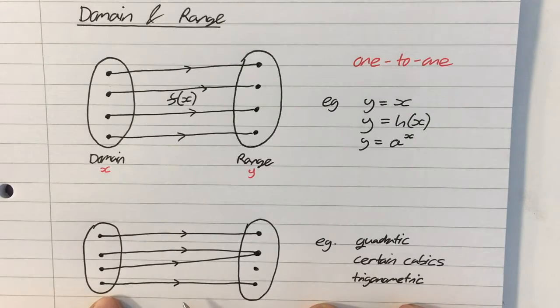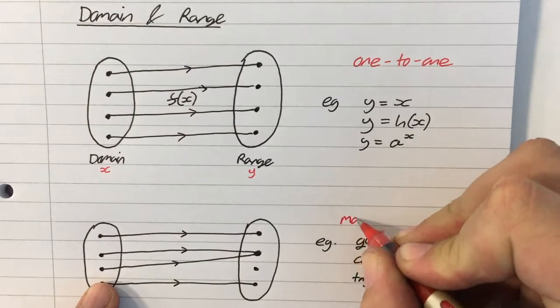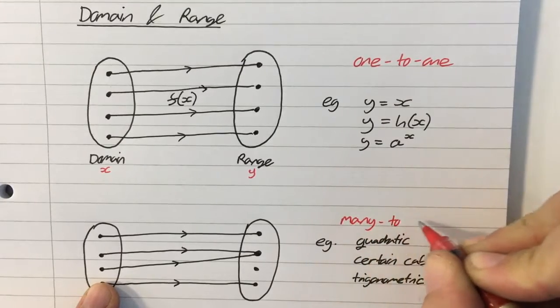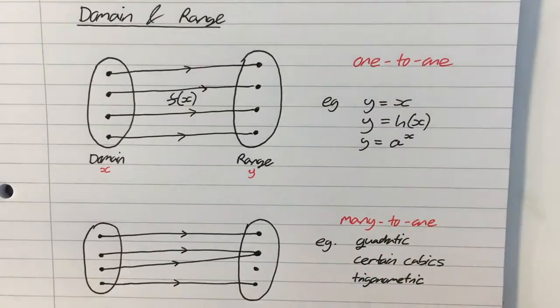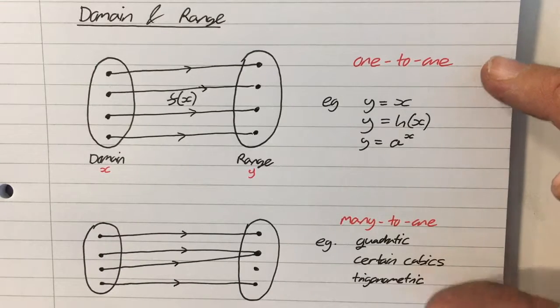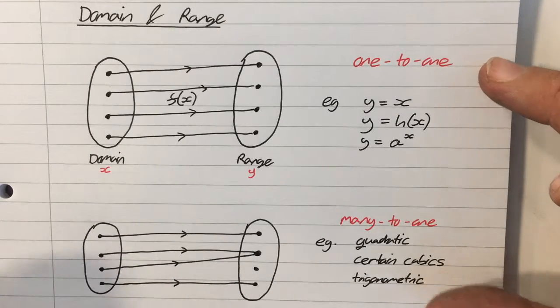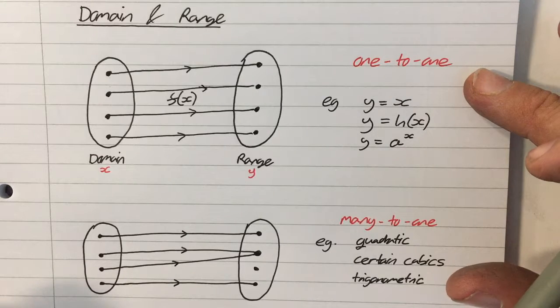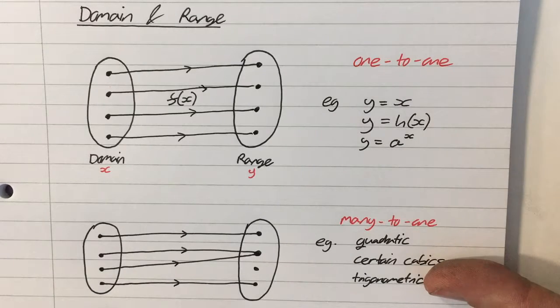This one is called many-to-one, because there are many values in the domain that go to one y value in the range. And all functions fit into one of those two categories. They are either a one-to-one function, or they are a many-to-one function.